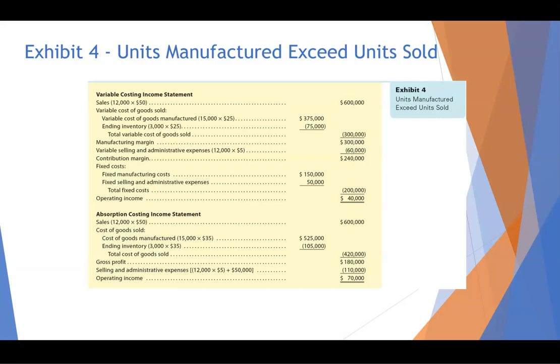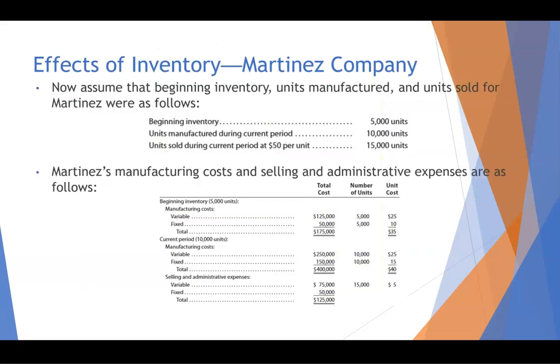That's the 3,000 units at $10 of fixed manufacturing cost. By being included in inventory, this $30,000 is excluded from the cost of goods sold. So the absorption costing operating income is $30,000 higher than the operating income for variable costing.